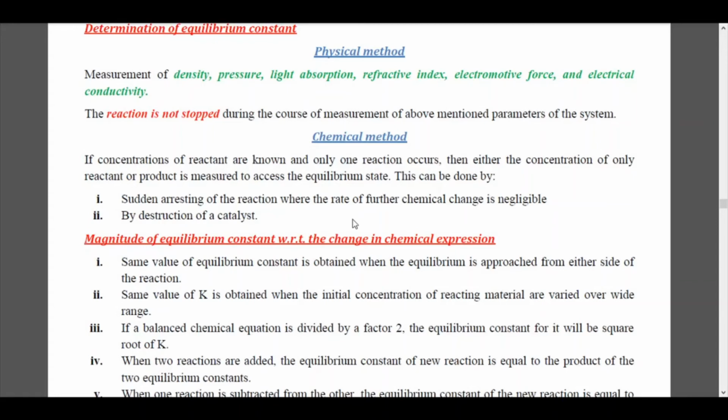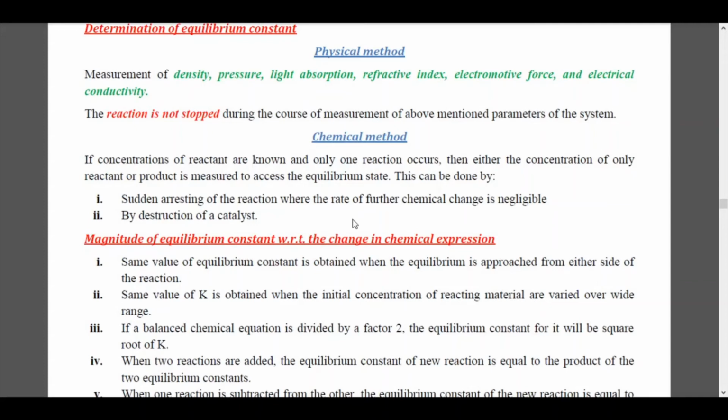So we can do this by suddenly lowering the temperature. Suppose a chemical reaction is going on at a particular temperature, then all of a sudden if you decrease the temperature of the system, then the reaction will be arrested. Otherwise, we can also use a destruction method to destroy the catalyst.